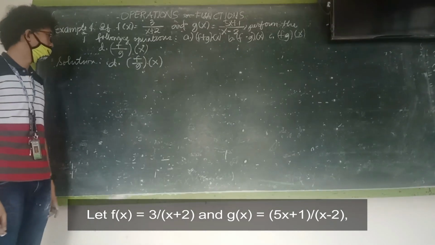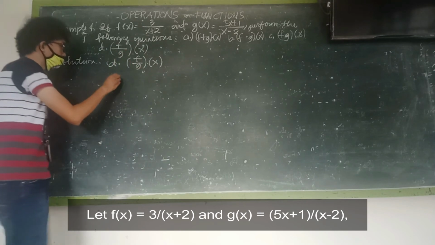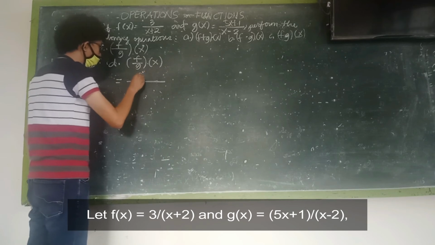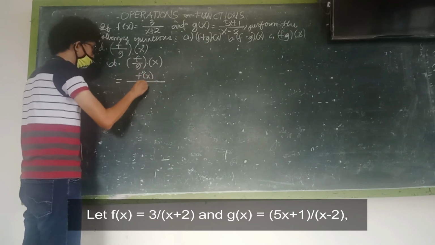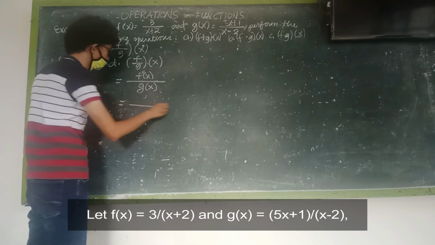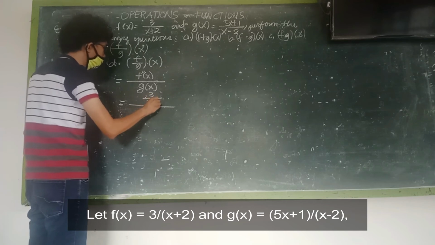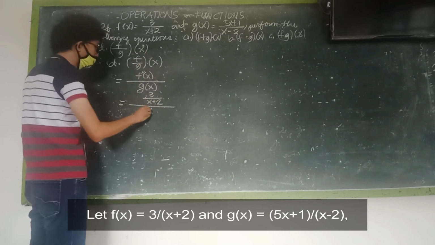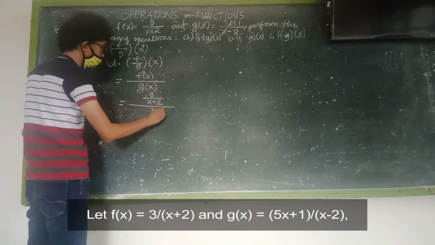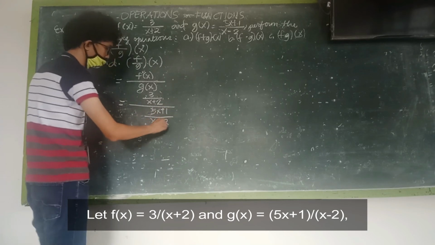We have letter D, f over g of x. So, what we are going to do is to divide f of x by g of x. So, magiging 3 all over x plus 2 divided by 5x plus 1 all over x minus 2.